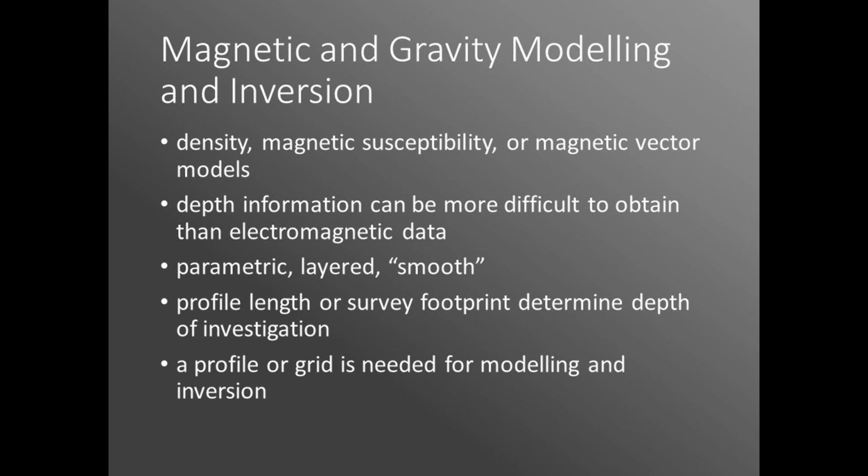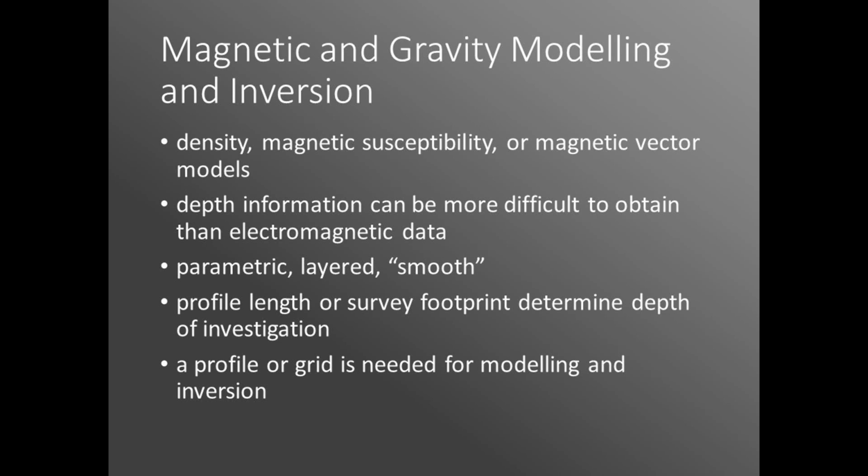I'm not sure if there'll be any magnetic and gravity examples, I didn't look through, but basically you can do the same thing for magnetic and gravity data. In this case, you're looking to get back density or magnetic susceptibility, or in some cases a magnetic vector. The depth information can be more difficult to obtain than with electromagnetic data, because instead of a single point having some depth information, you actually need the whole profile in your surrounding area, or the map view, basically the survey footprint.